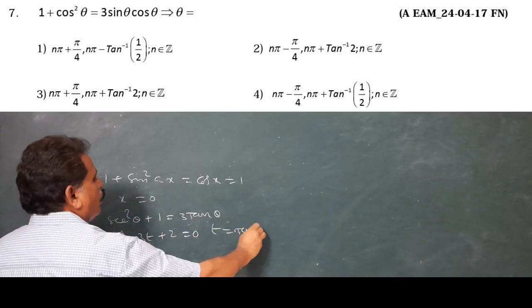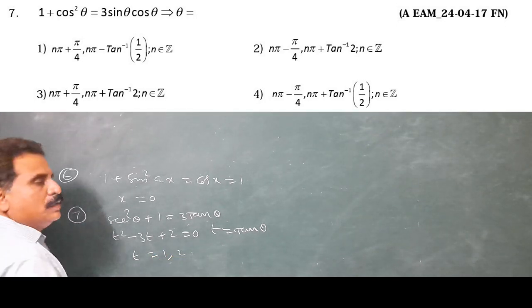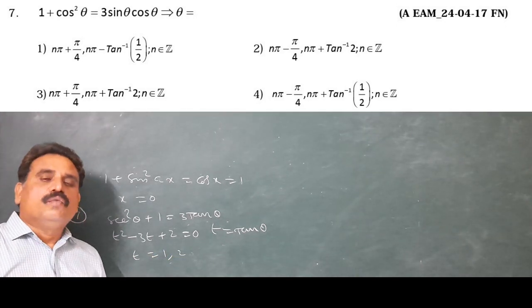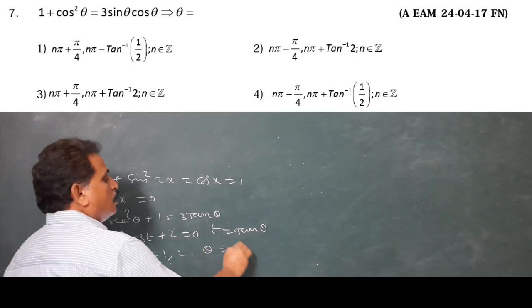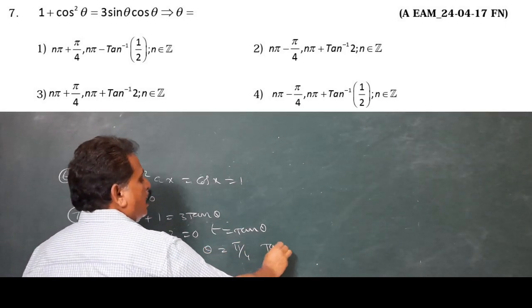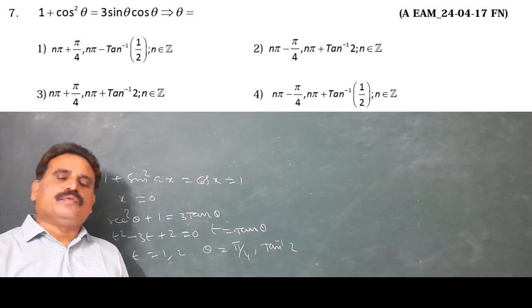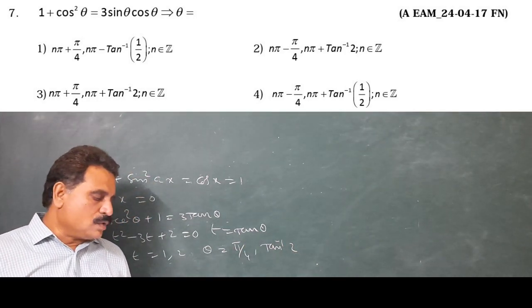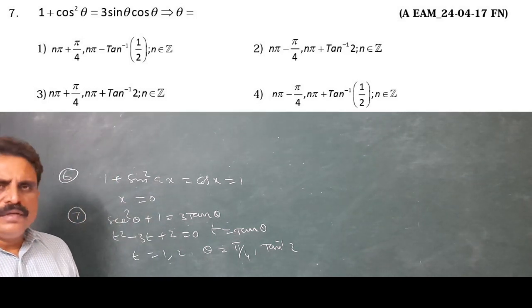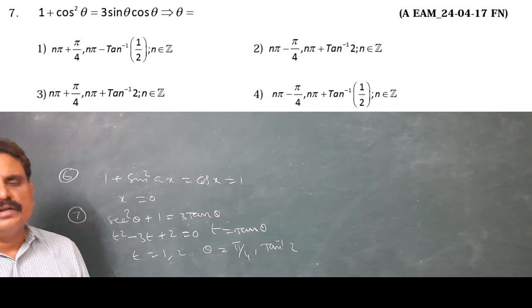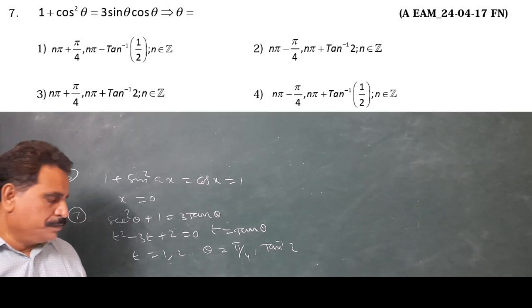From this, t equal to 1, 2. That means tan theta equal to 1, 2. Theta equal to pi by 4 or tan inverse 2. So the general solution is n pi plus pi by 4, n pi plus tan inverse 2. So option 3. Very simple questions. By observing the question directly, you can write the answer. You need not solve the entire solution.